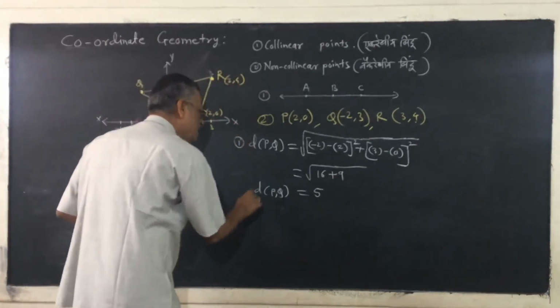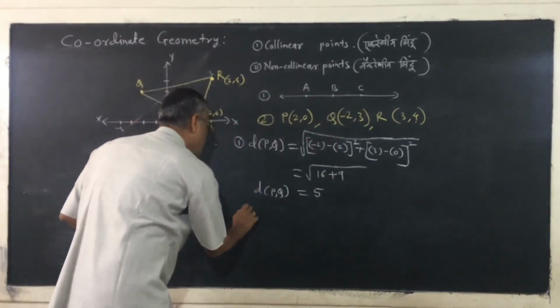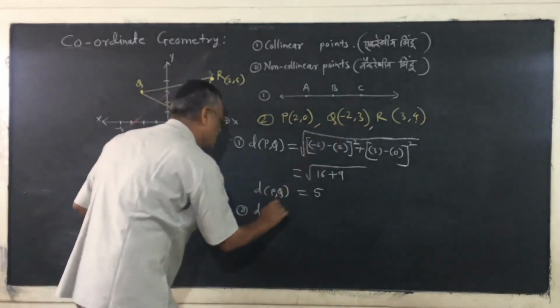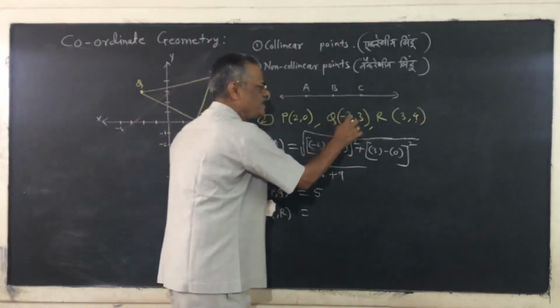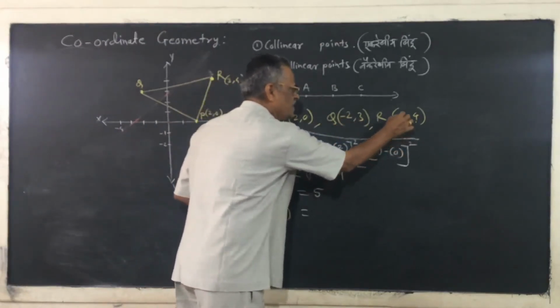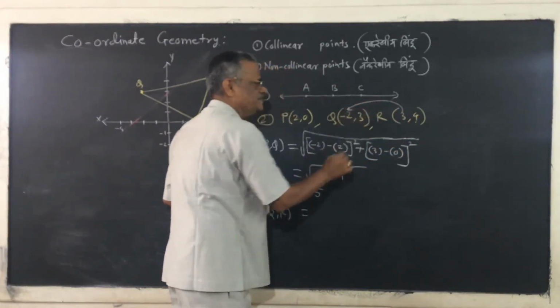After calculating PQ, try to calculate distance QR, the distance between Q and R. Same method: x2 minus x1.